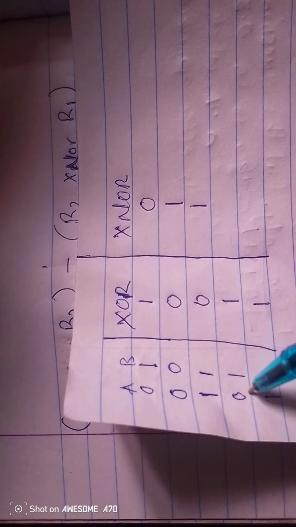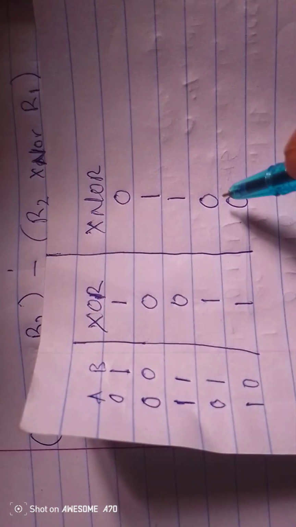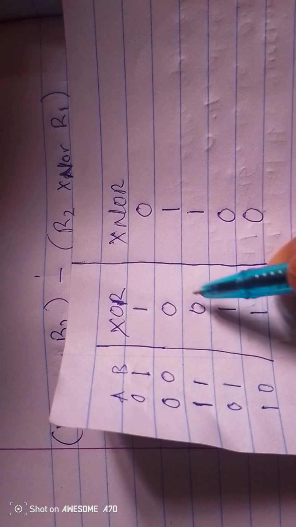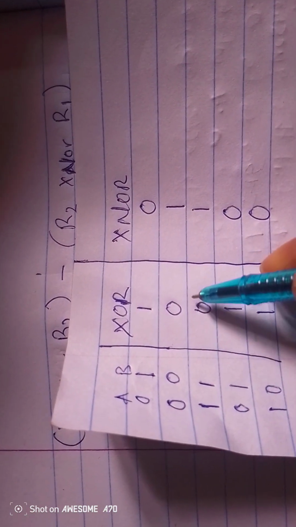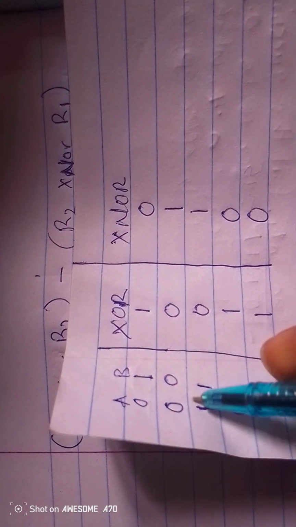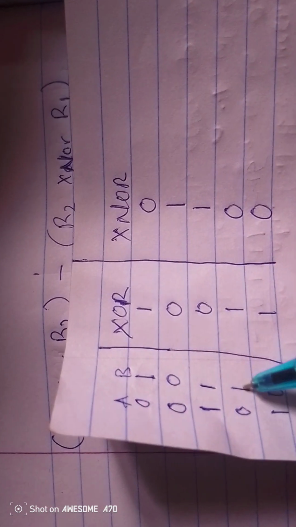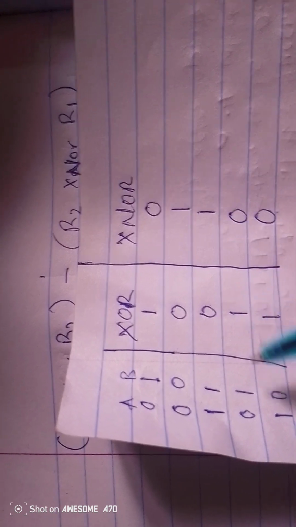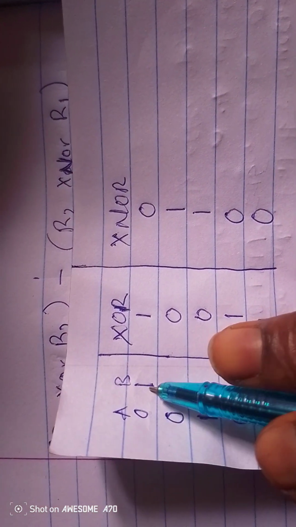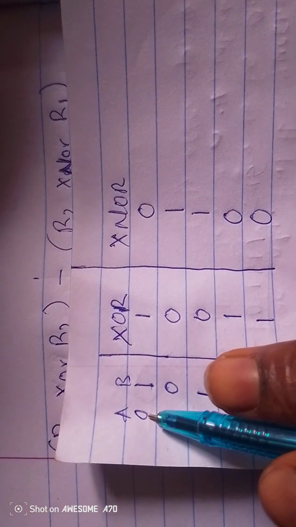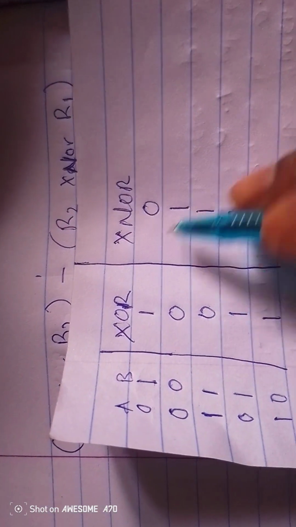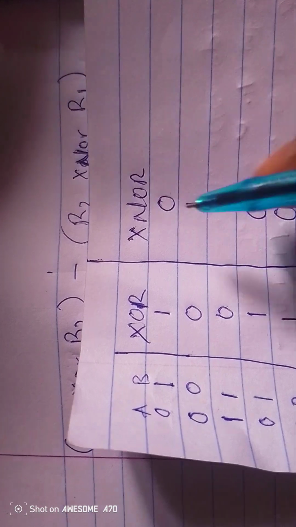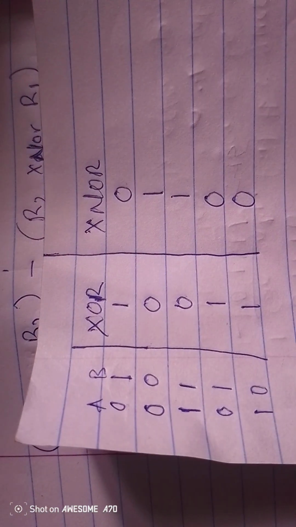For XOR, exclusive OR, when they are the same, it gives you a 0, and when they are not the same, it gives you a 1. But the exclusive NOR gate says when the inputs are the same, it gives you a 1, and when they are not the same, it gives you a 0. Is that clear?